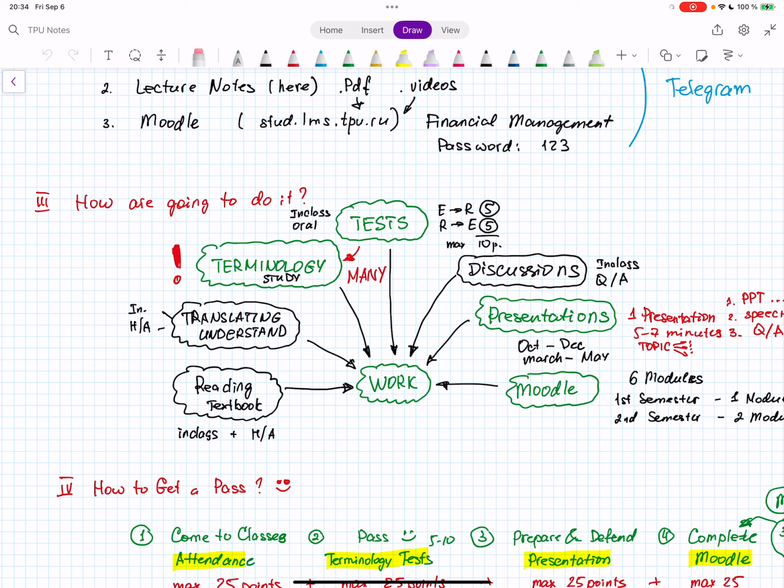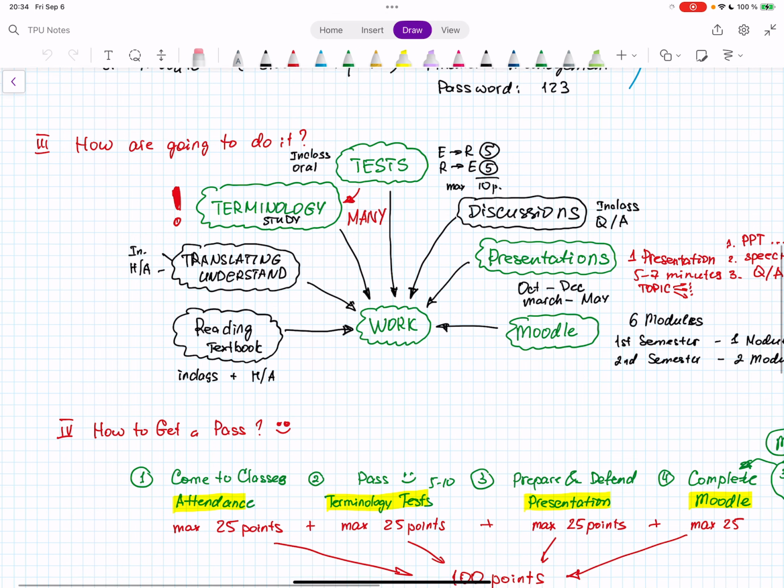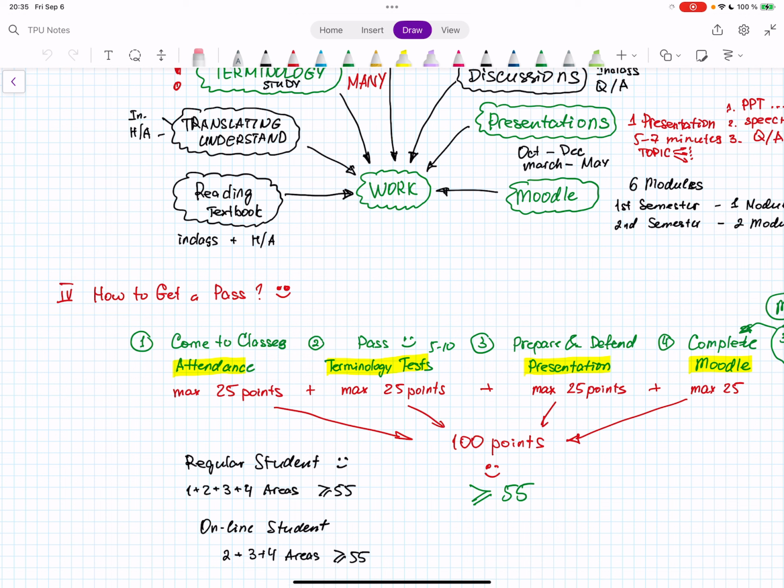I described the activities we will go through: reading, translating, terminology, test, discussion, presentation, and Moodle. And I gave you the breakdown on how you can get your 100 points to get your pass. But technically you need 55 plus points.